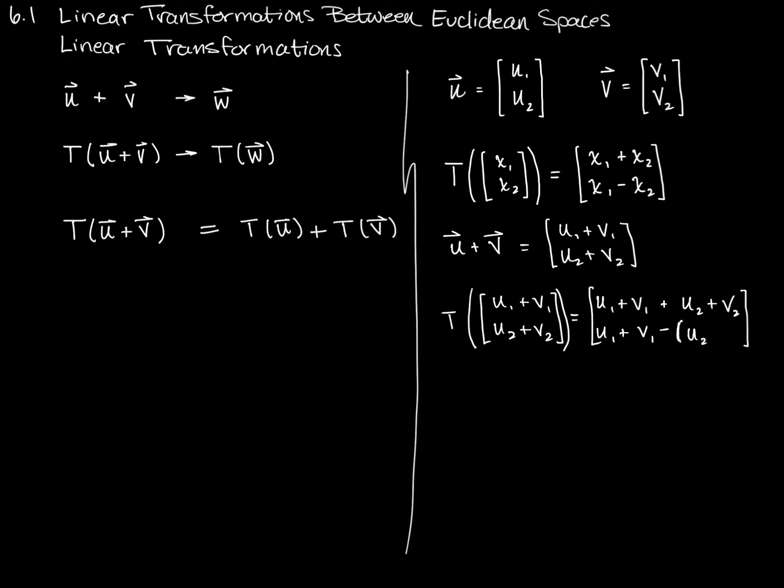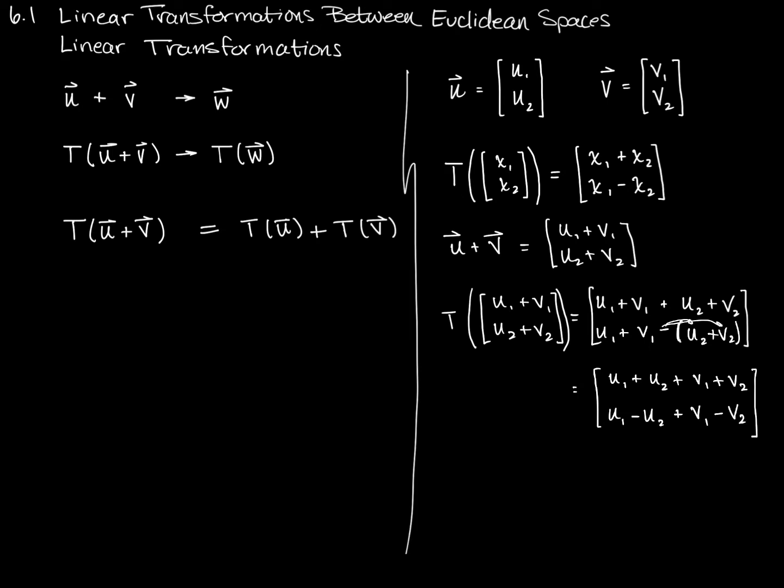So I have u2 plus v2 in here. And that's going to be equal to u1 plus u2, just changing the order, plus v1 plus v2 for my first component. For my second component, I'm also going to use a different order, but I'll be distributing as I go here. So I'm going to get u1 minus u2 plus v1 minus v2.